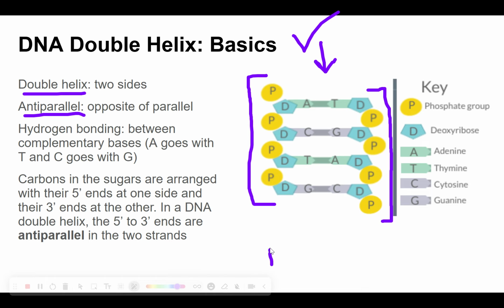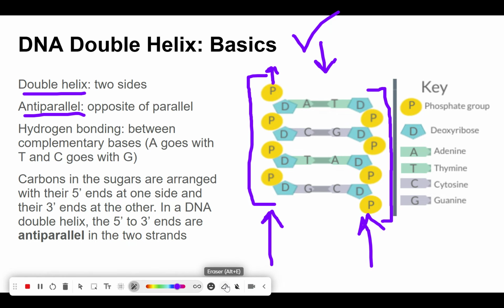So let's start with the left-hand part. It's almost like this side of the molecule is running up. There's a phosphate group at the top, right? This is what makes me think this one's going up. If the strands were parallel, the other one would be doing the same thing, right? That's what parallel means.